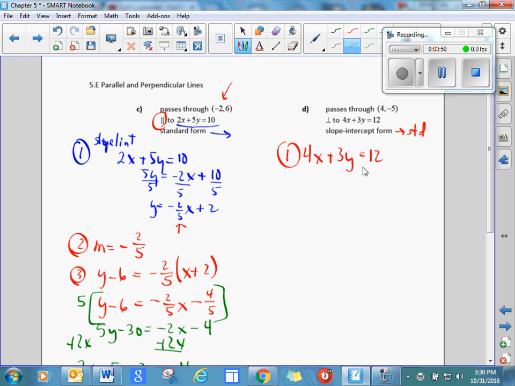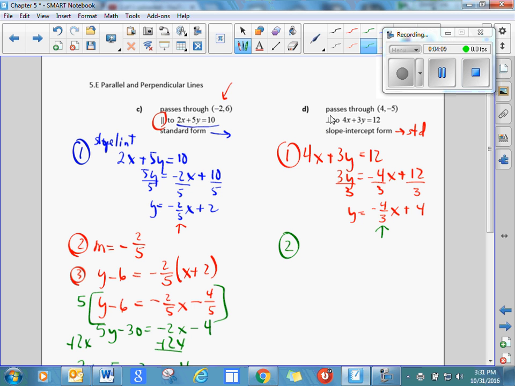So we need to solve for y. So we're going to subtract 4x from both sides, and then we're going to divide everything by 3. We get y equals negative 4 over 3x plus 4, and the slope of our comparison line is pretty easy to see now.